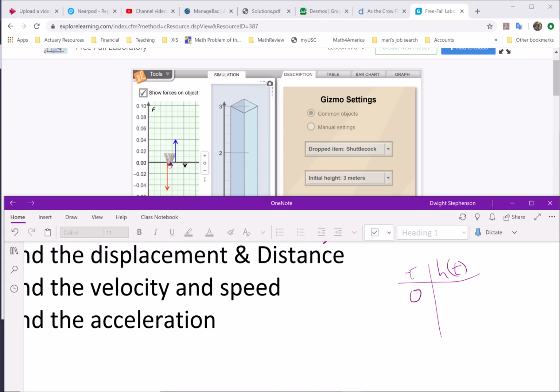So at time 0, the height was 3, right? Before we started, the height was 3. And then after 0.9 seconds, the height was then 0, right?